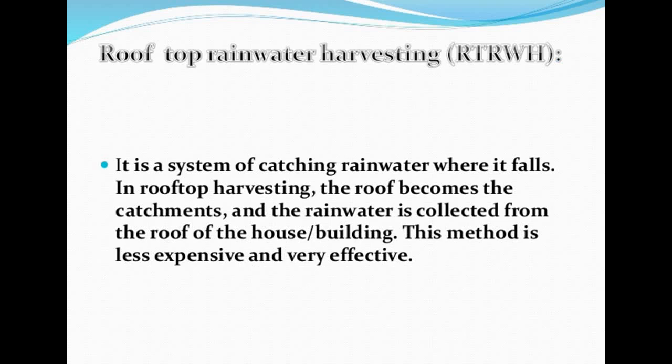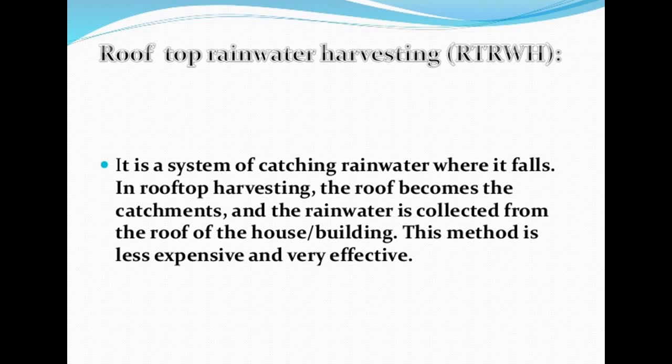Then second is rooftop rainwater harvesting. I have just told you about rooftop rainwater harvesting, how it works. It is a kind of a system of catching the rainwater where it falls, and in rooftop harvesting the roof becomes the catchment.